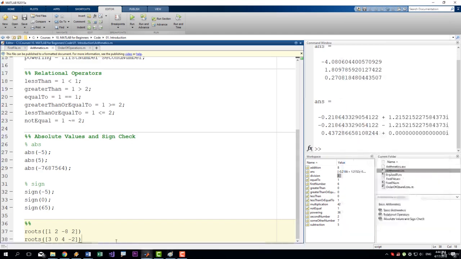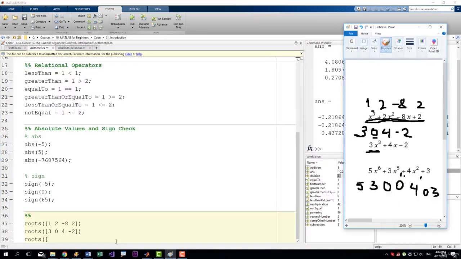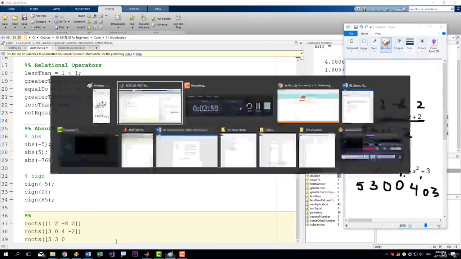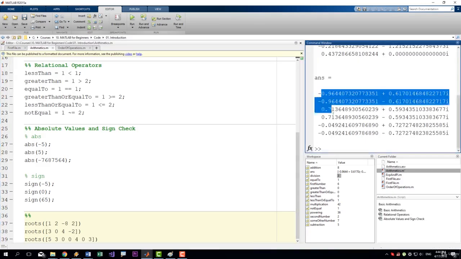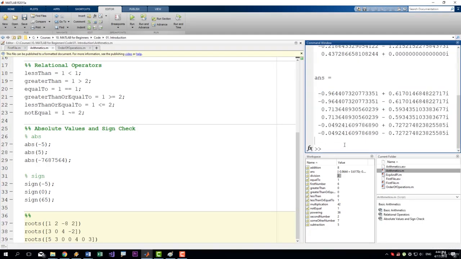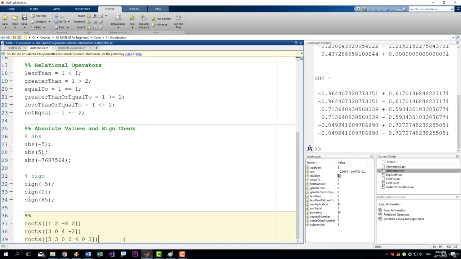So let's try it. Roots 5, 3, 0, 0, 4, 0, 3. Let's run it and we get 6 complex roots. So this is how you can solve polynomial equations.